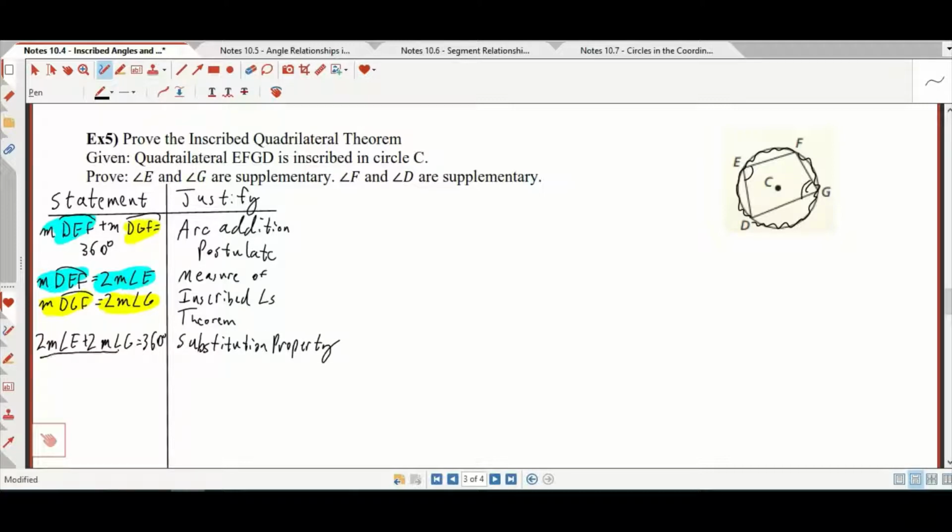Now, if I divide both sides by 2, that means you divide each term by 2. Then I get that the measure of angle E plus the measure of angle G is equal to 360 divided by 2, which is 180 degrees, which I got because of the division property of equality.